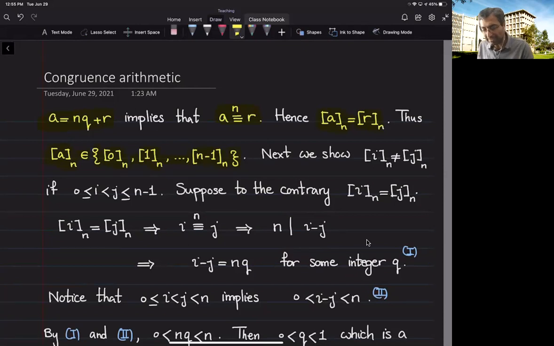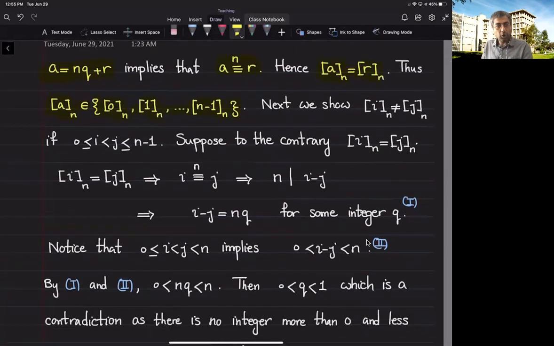In order to show that the cardinality of Z sub n is precisely n, I need to show that these residue classes are distinct. I need to show that if i and j are two distinct integers from 0 to n minus 1, then the mod n residue class of i is different from the mod n residue class of j.